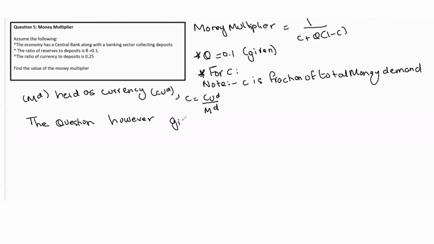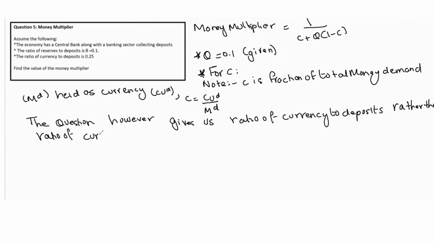Now the question, however, gives us the ratio of currency to deposits, rather than the ratio of currency to money demand. We know c in itself is the ratio of currency to overall money demand, but the question gives us the ratio of currency to deposits.